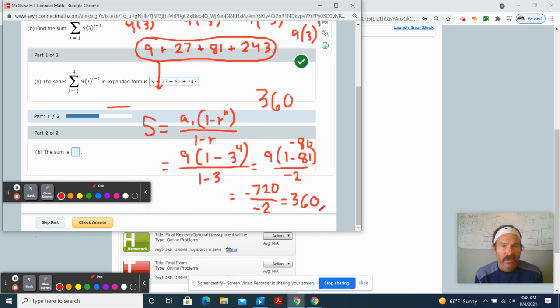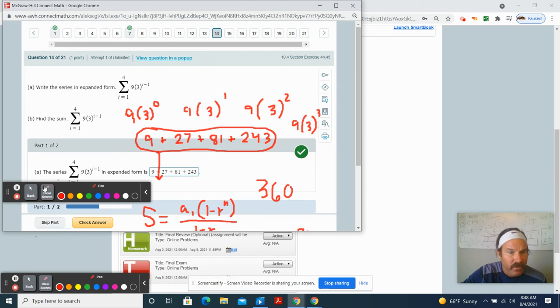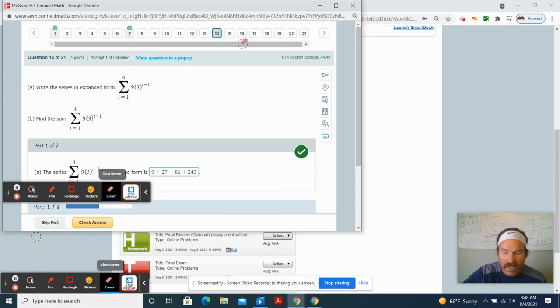So you're welcome to either use the formula or do it the long way and just add up all those numbers. You're going to find those in problems 14 through 16. 14, I think that was 14. Yeah, 14 through 16 are going to be like that.